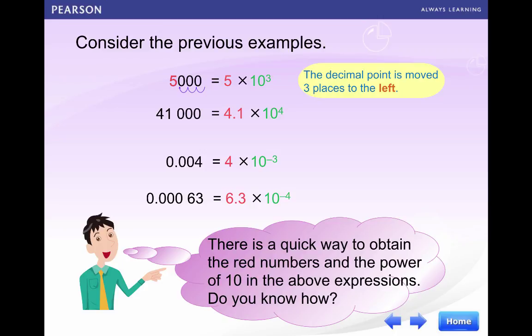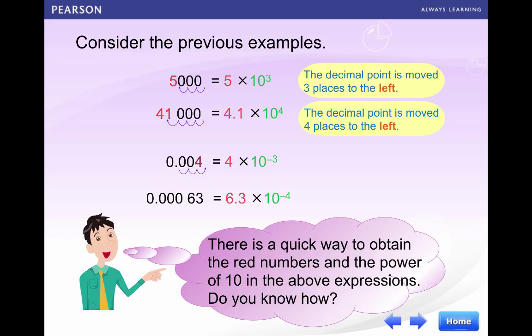So you get 5. And as you move 3 places, the power will be 10 to the power 3. For this number, 41,000, the decimal point moves 4 places, so the power is 10 to the power 4.